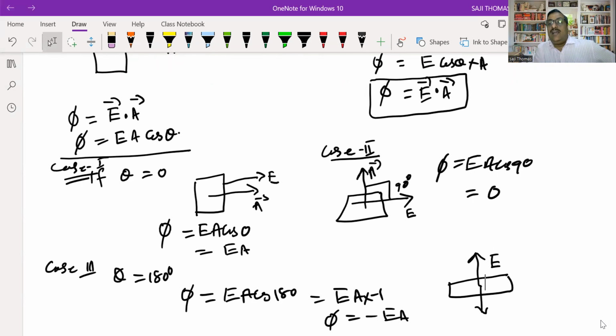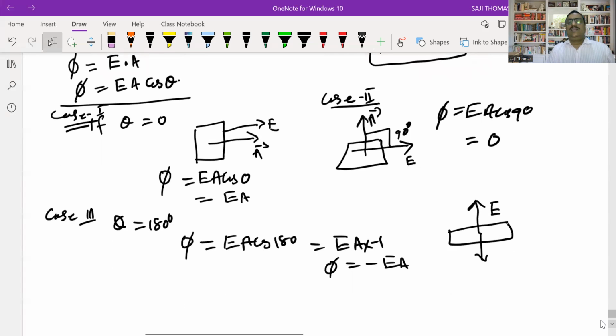What is this theta? The angle between the electric field and the area vector. What direction do you give to the area vector? The direction of the outward normal is the positive area. If you take the inward normal, that will be negative area.